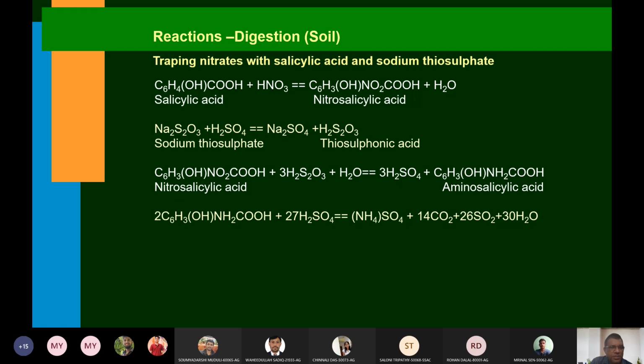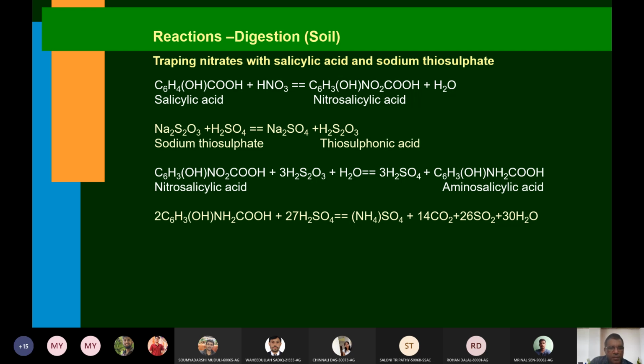You can see in the third reaction, nitrosalicylic acid reacts with thiosulfonic acid in the presence of water and converts nitrate into amino form, which is aminosalicylic acid. Now you see this nitrate has been reduced to amino form, NH2.